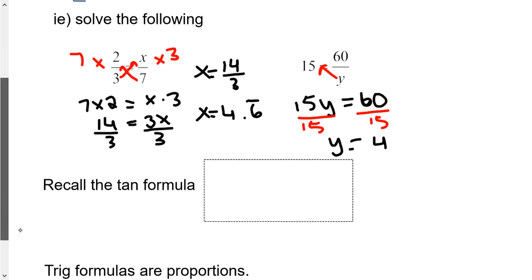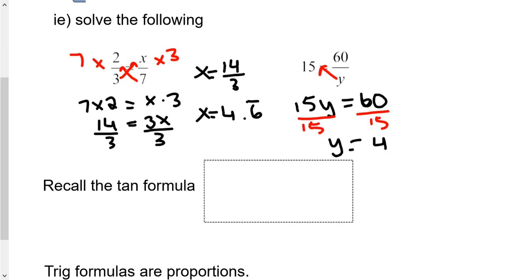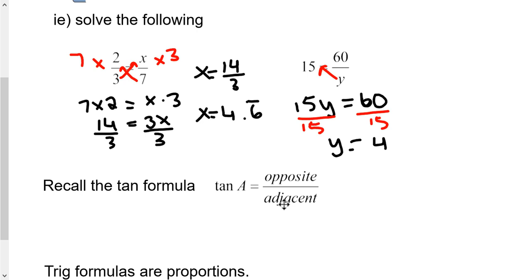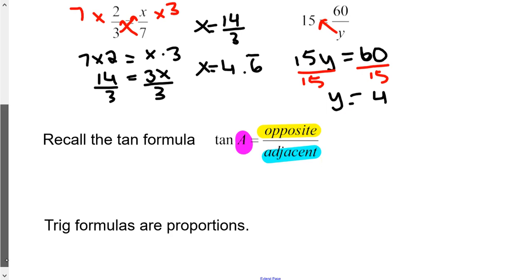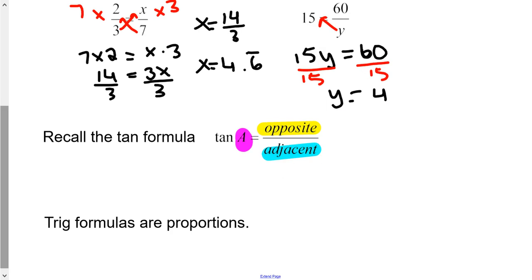If we remember our tangent formula, it has a ratio, a fraction, specifically looking at how the opposite compares to the adjacent, all for one specific angle that we call A, or theta, a lot of different things. So these formulas are just proportions.